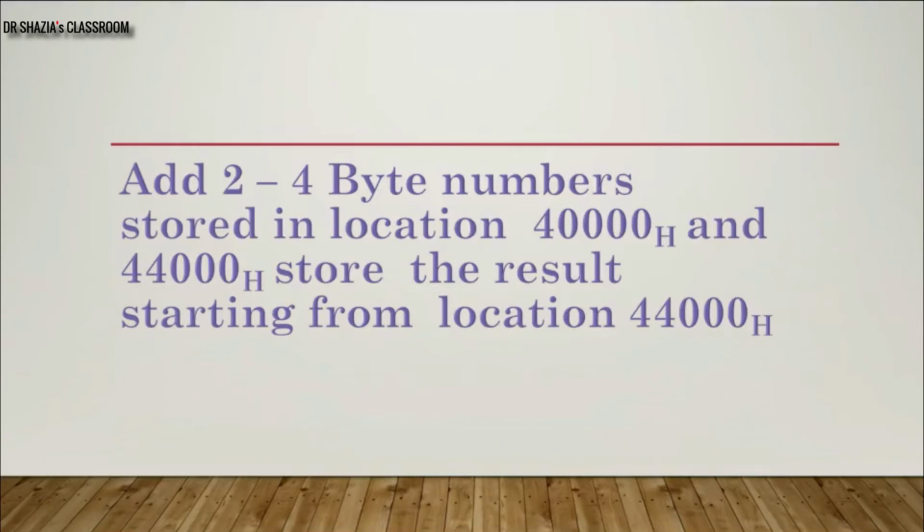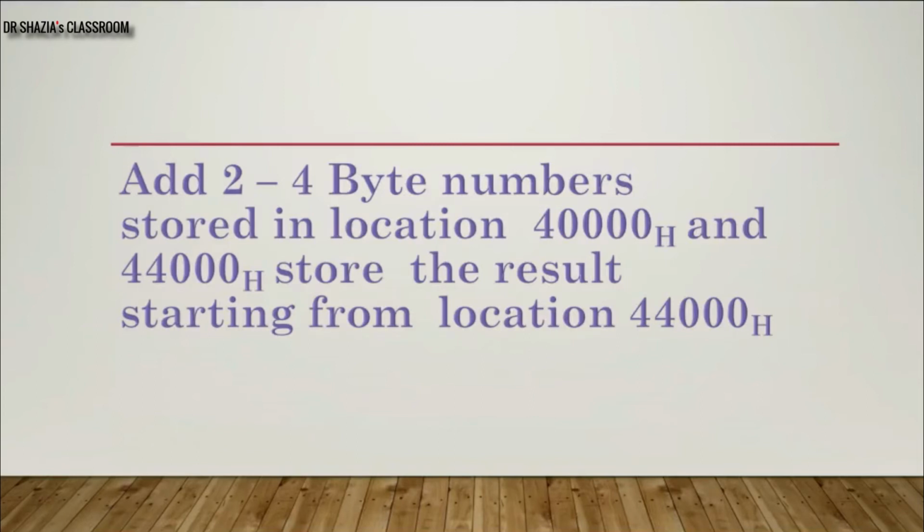In this example, I have considered two 4-byte numbers stored in memory locations 40,000 and 44,000. We have to add these two 4-byte numbers and store the result in memory location 44,000.